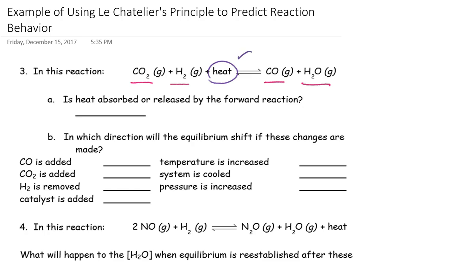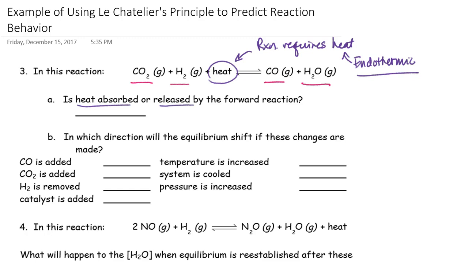That indicates this reaction requires an investment of heat, and so this is an endothermic reaction. In this first question, we're asked, is heat absorbed or released by the forward reaction? If the heat is listed on the reactant side, that means it's a requirement, which means heat needs to be absorbed by the forward reaction in order to get the reaction to go.